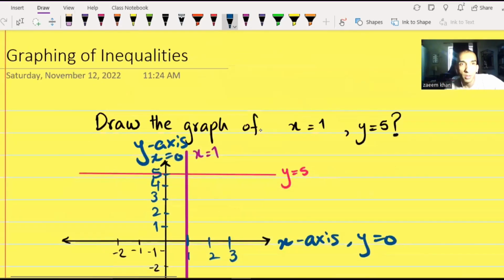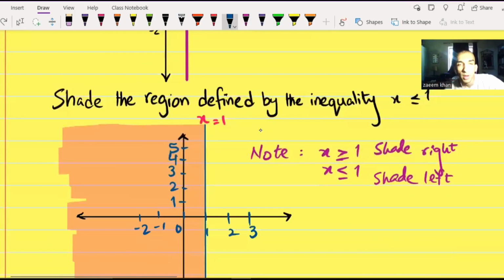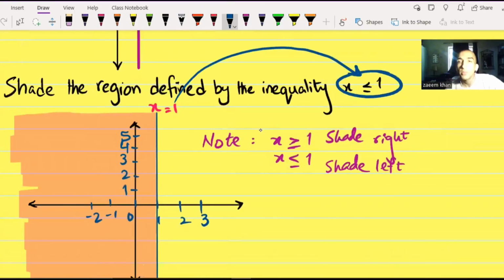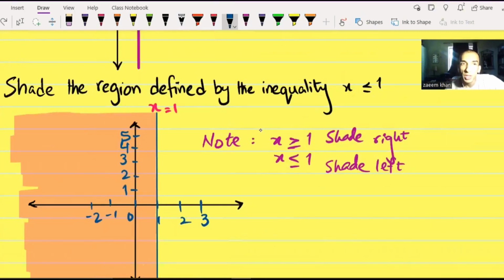Now, the topic is not coordinate geometry, but inequalities. If I were to ask you to shade the region represented by x is less than or equal to 1, you're not drawing a line anymore. You're shading a specific area.